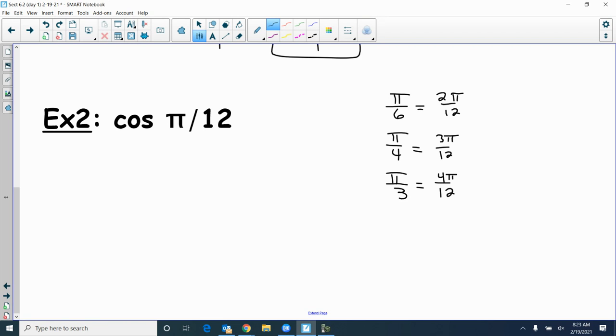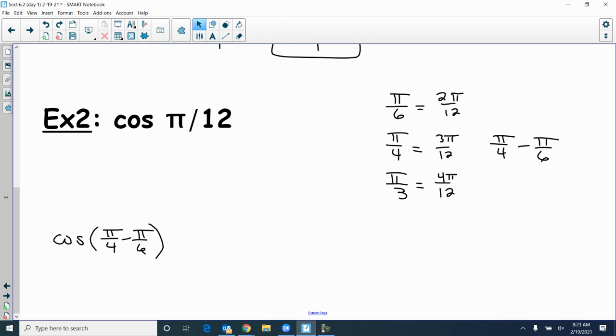So if you think about it, I could take pi over 4 minus pi over 6 because it is 3 pi over 12 and 2 pi over 12. Or I could do pi over 3 minus pi over 4. It doesn't matter. So I'm going to make this cosine of pi over 4 minus pi over 6.